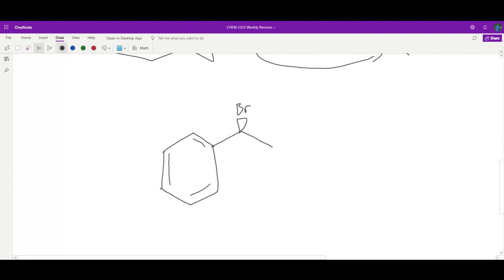And let's say you have your methyl right there. Okay, so I have a scenario that looks like this. And again, I'm telling you to do E2. Okay, so you know for sure it's E2.